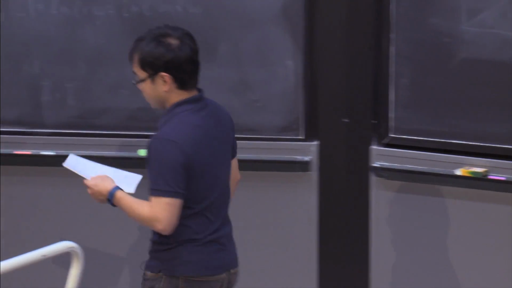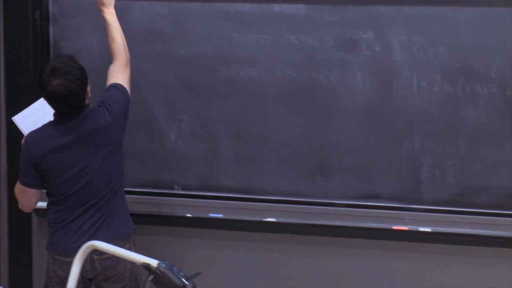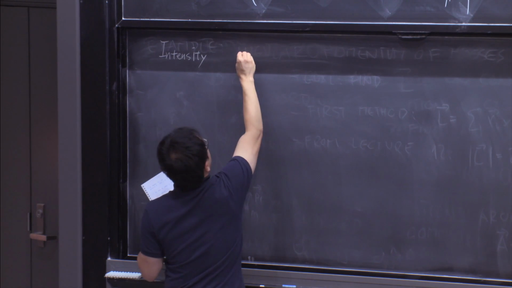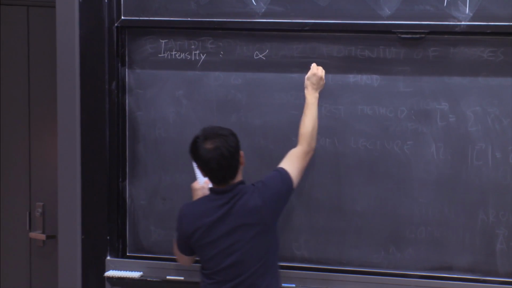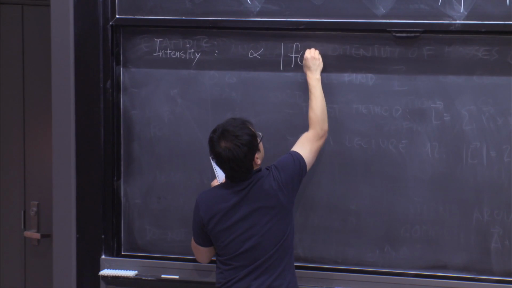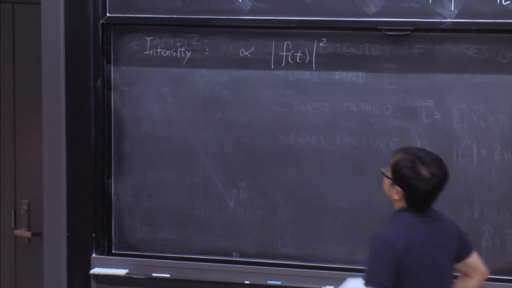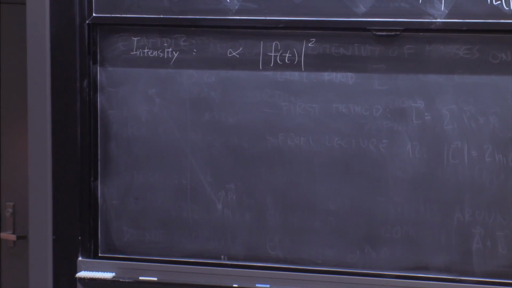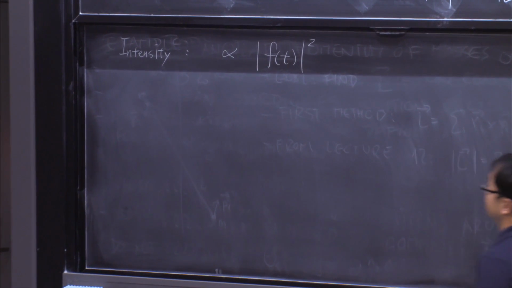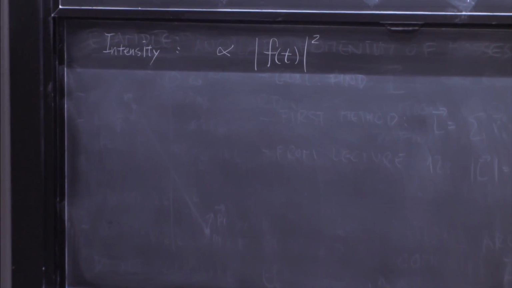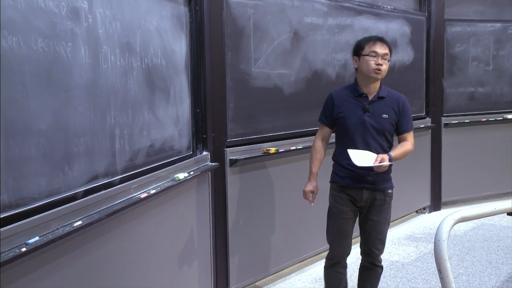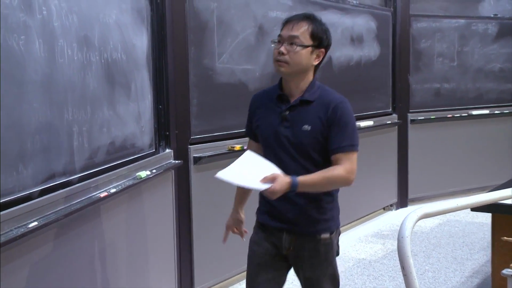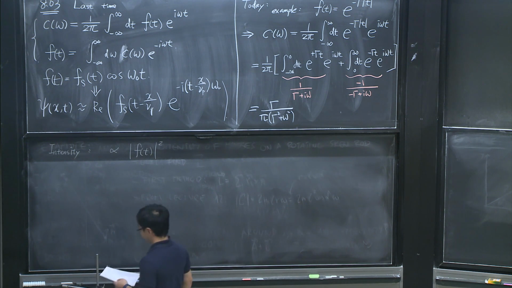Okay, so first, we define that the intensity of the signal is proportional to f of t squared. Okay, so that is a way to estimate the size of the intensity. It makes sense because, for example, the energy of the electromagnetic wave is proportional to the wave function squared, right? So that's reasonable to choose this definition.